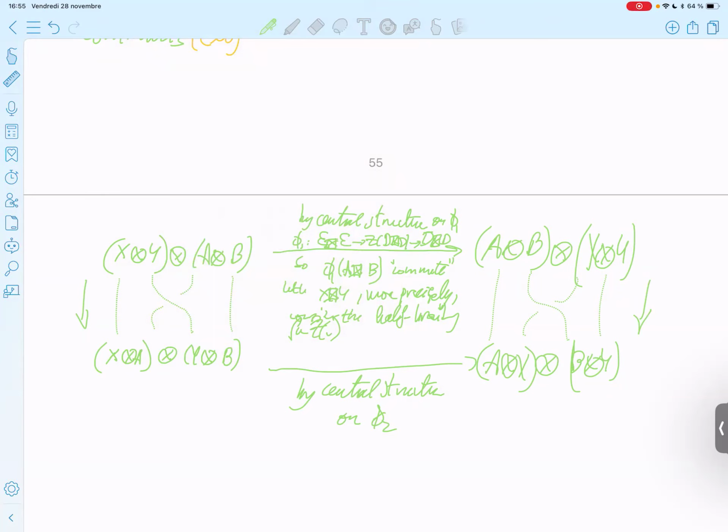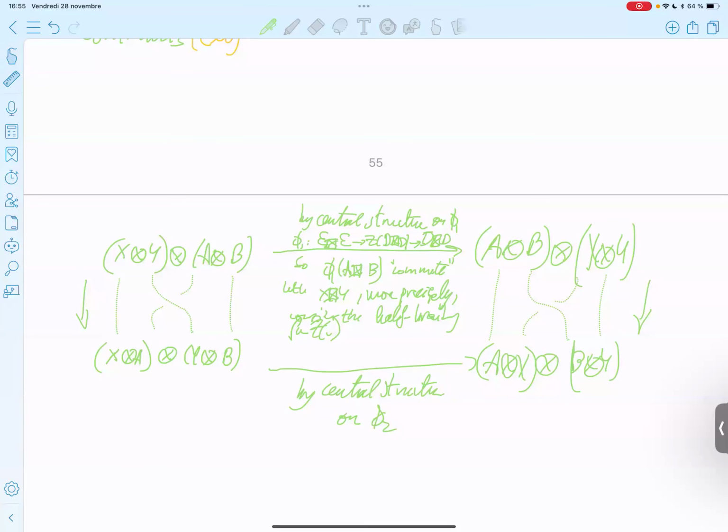So what about that tensor structure of M?